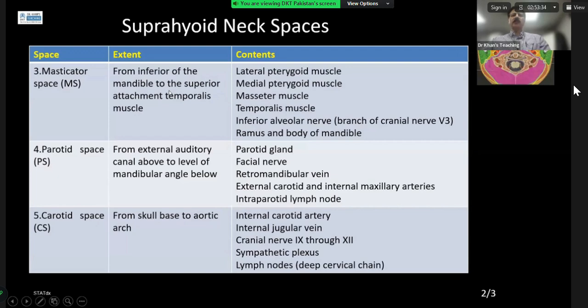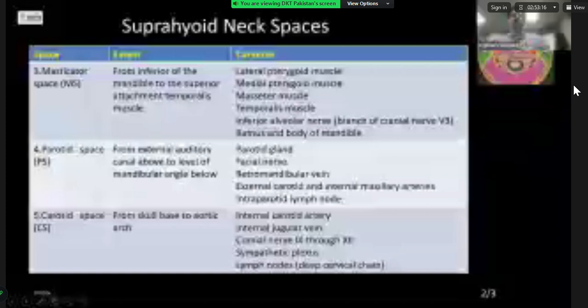Many of the spaces, they start in the neck, they go and they touch the skull base. And what is the significance? The significance is that pathologies can go intracranially. And that is the type of case they are going to show you in the exam, where there is a masticator space abscess because of dental extraction.